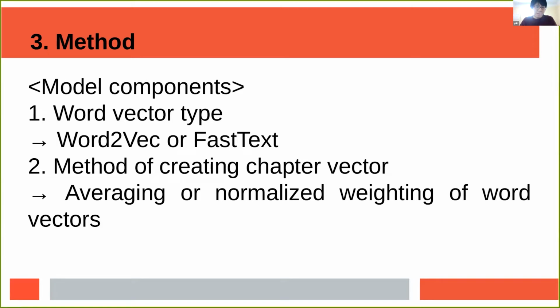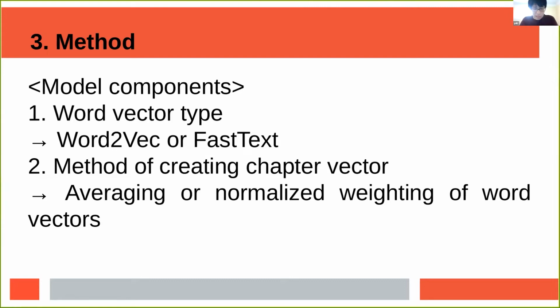The other aspect is the method of creating the chapter vector, either by averaging or by normalized weighting of word vectors. So I first generate word vectors, either by word2vec or fastText. Second, I generate chapter vectors, either by averaging the word vectors or by weighting the word vectors.